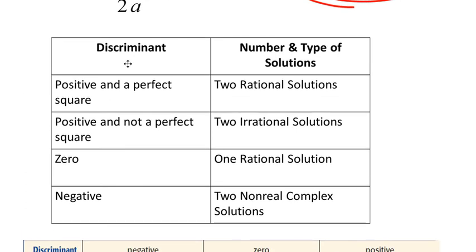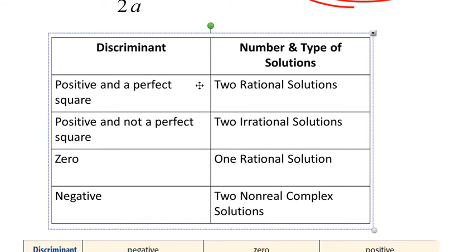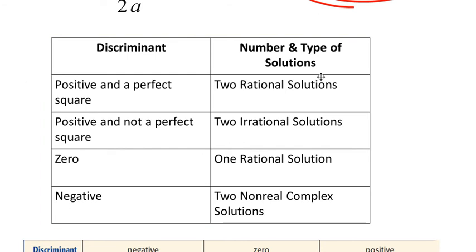So if the discriminant is a positive number and it's a perfect square, and we're going to do some examples, but if it's a positive number and a perfect square, then you're going to have two rational solutions. Probably I should say it's positive and has a perfect square. I can't edit it right now, but, and it has a perfect square.